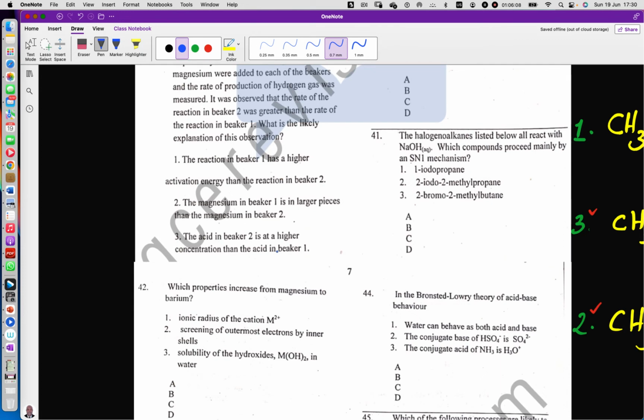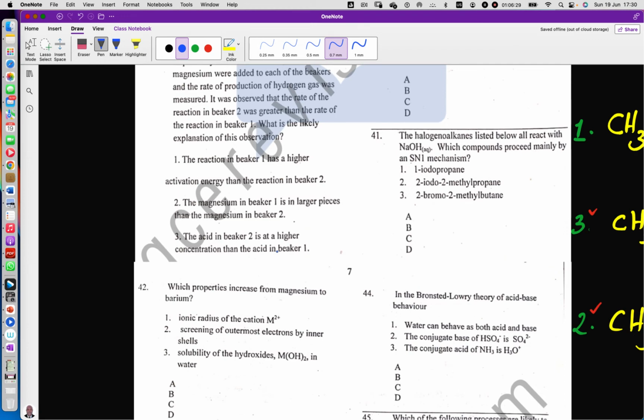In this type of reaction, we have 1 iodopropane, 2 methyl propane, and 2 bromo, 2 methyl butane.